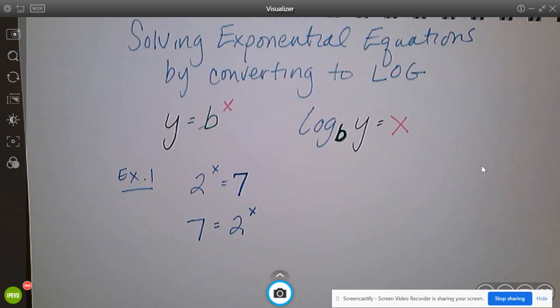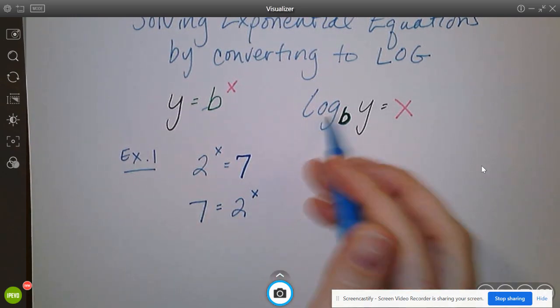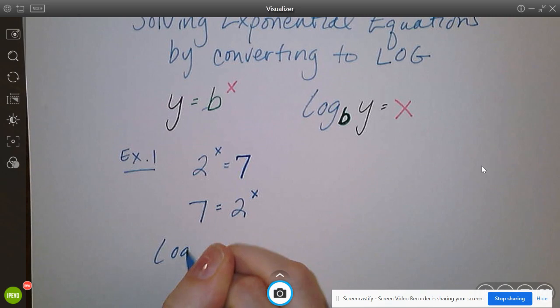Okay, obviously they don't have like bases, so I can't just set their exponents equal to each other. But what I can do is rewrite this in log form. So how do I know to use log? You're always going to use log unless it's an e, and that's a natural log, and I'll show you an example of that. So we write the word log.